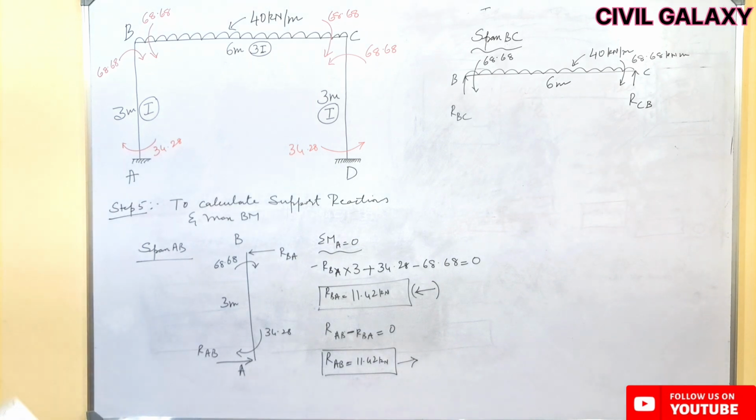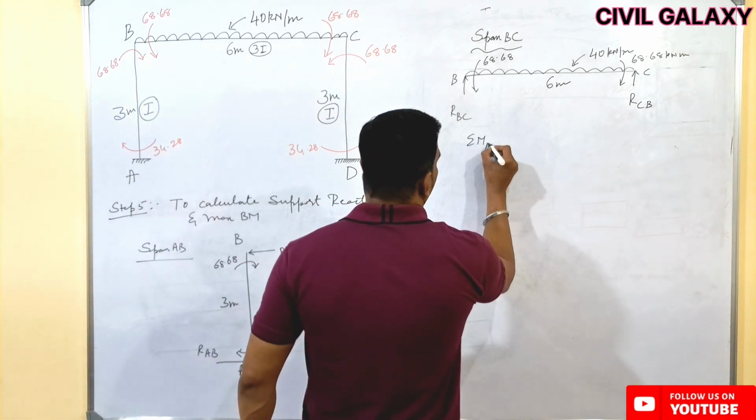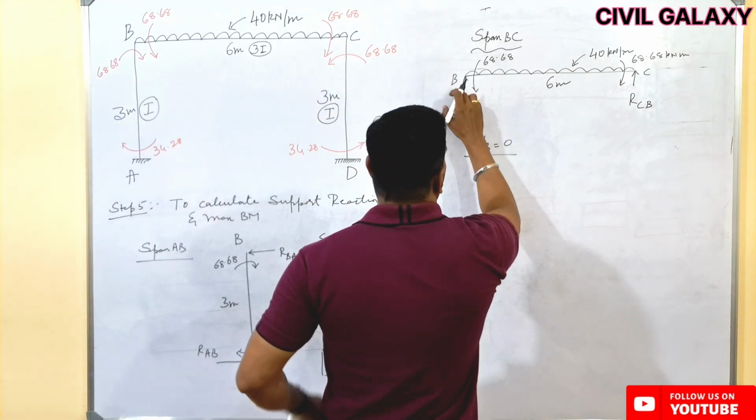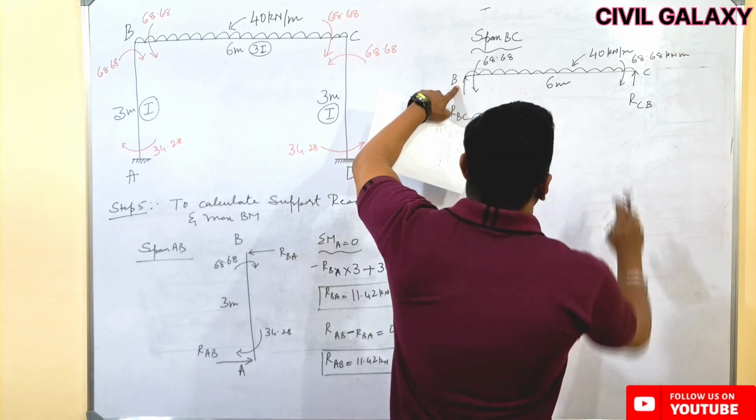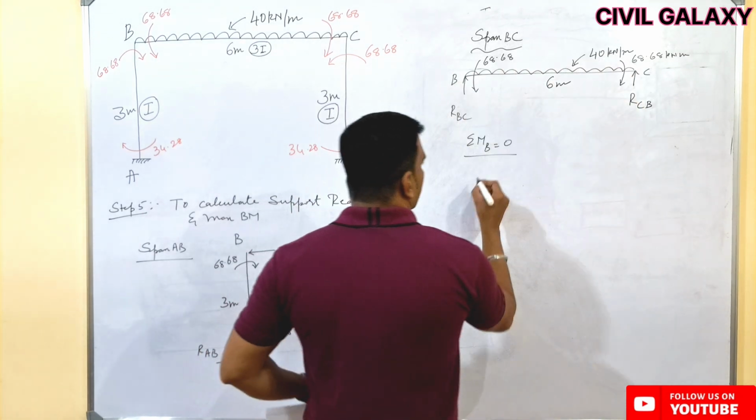Now if we consider any one point, sigma moment about B equal to 0. Force multiplied by perpendicular distance rotating in the anti-clockwise direction is negative.